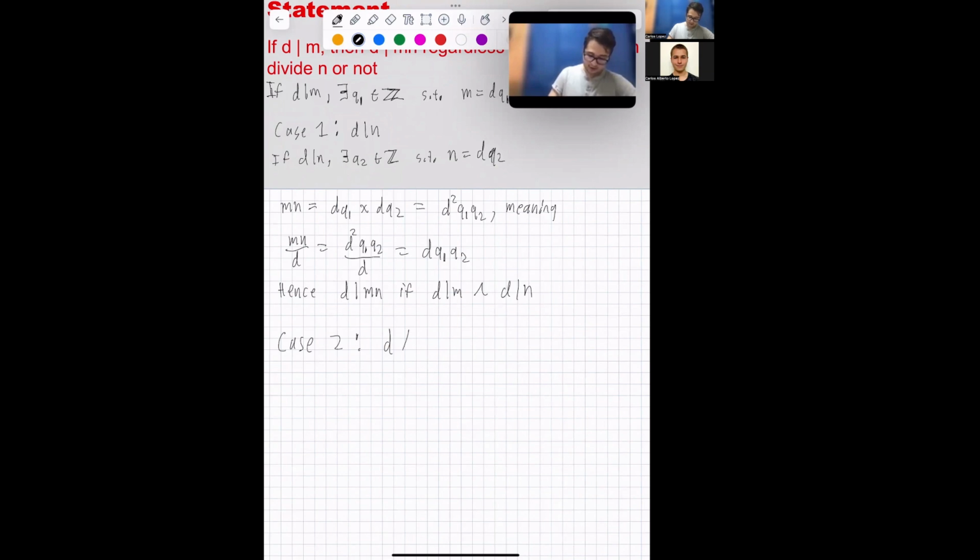D cannot divide n. If d cannot divide n, then there exist integers q2 and r in the integer set, remember, they exist, such that n is equal to d times q2 plus r.